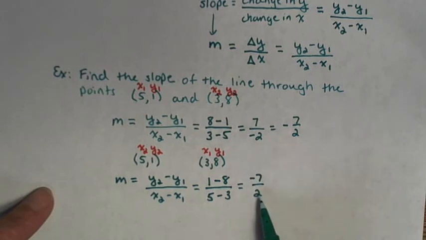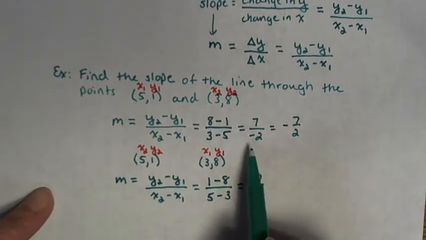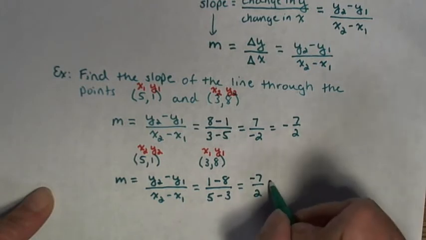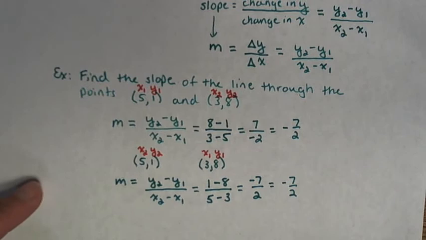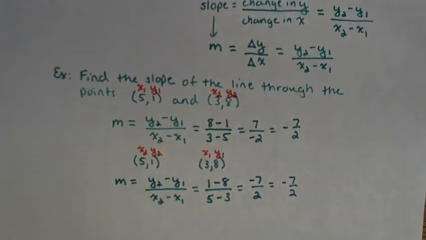Notice I'm still getting the same fraction as I did up above, because whether the negative is on the bottom or on the top, it's still going to give me a slope of negative 7/2. So it doesn't matter which way you view the 2 points. You can view them in either order and you will still be able to find the slope.